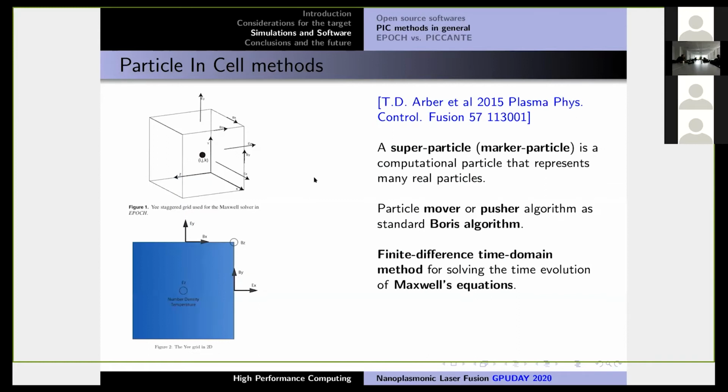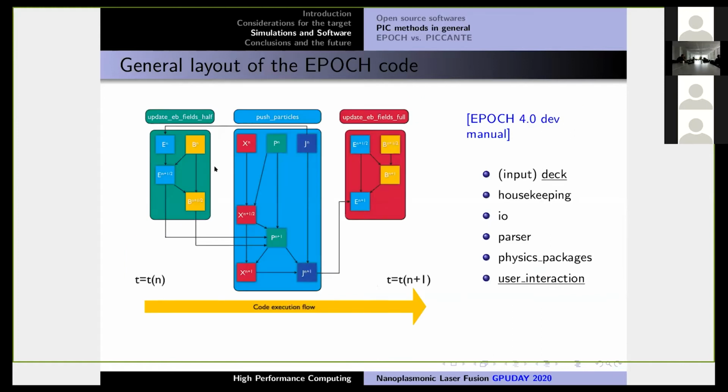In general, the particle-in-cell methods use marker particles, which are inside the cell, and they are driven with a particle pusher and the finite difference time domain method, usually used for solving the Maxwell equations.